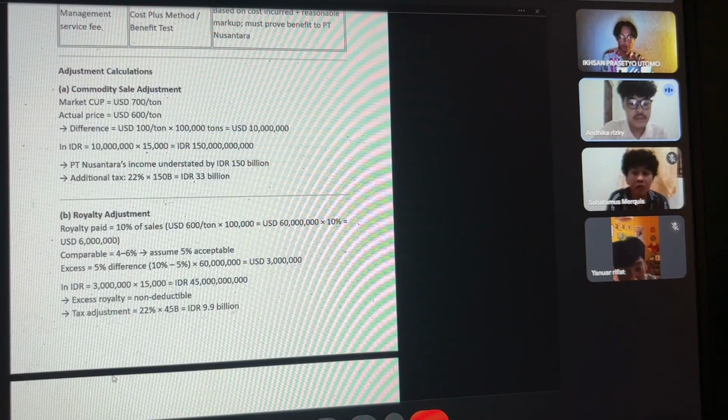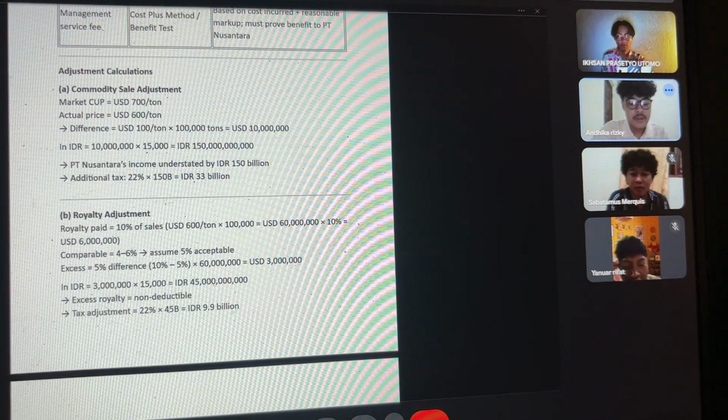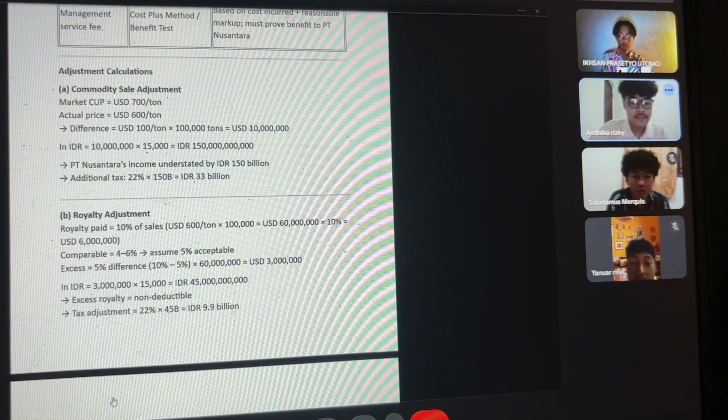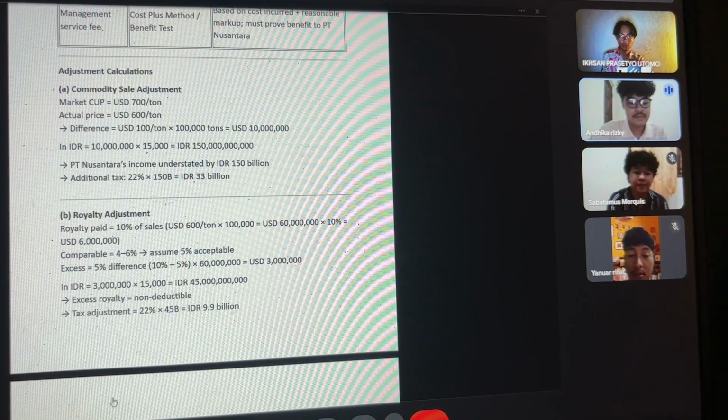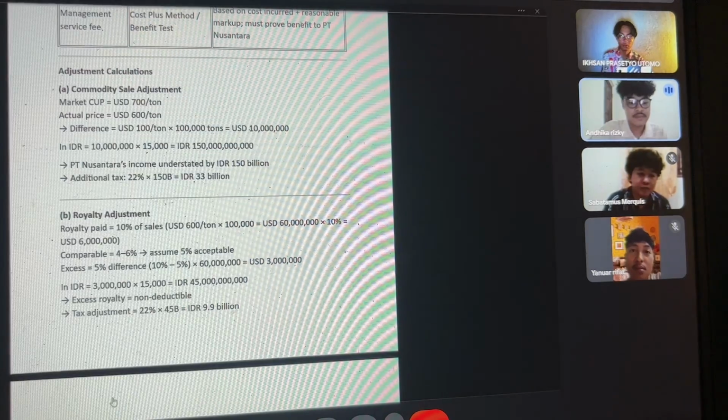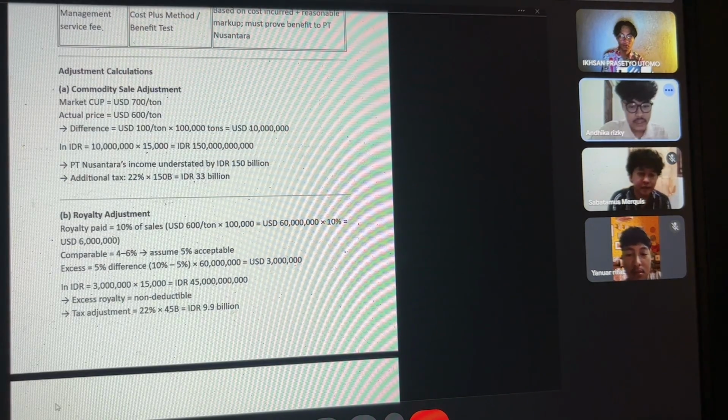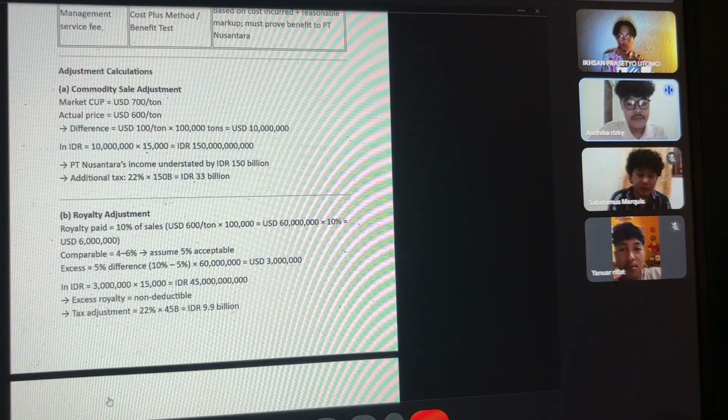In rupiah, $3 million times 15,000 is 45 billion rupiah. The excess royalty is non-deductible, so the tax adjustment will be 22% times 45 billion rupiah, which equals 9.9 billion rupiah.